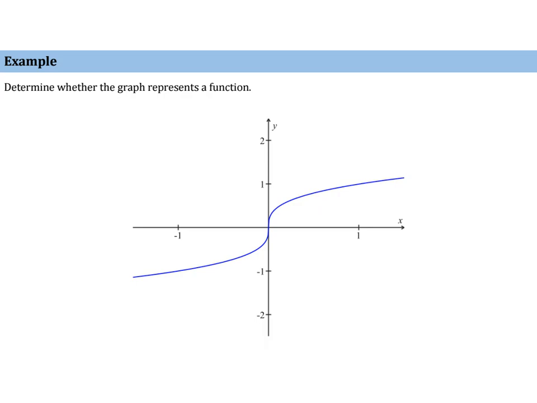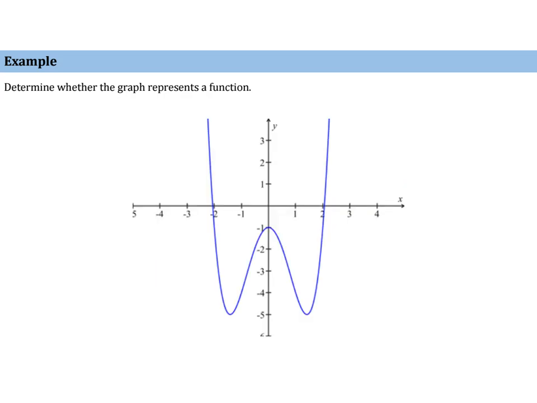Does this graph represent a function? So can you ever draw a vertical line that intersects more than once? Any vertical line that we draw intersects exactly once. So this does represent a function. What about this one?